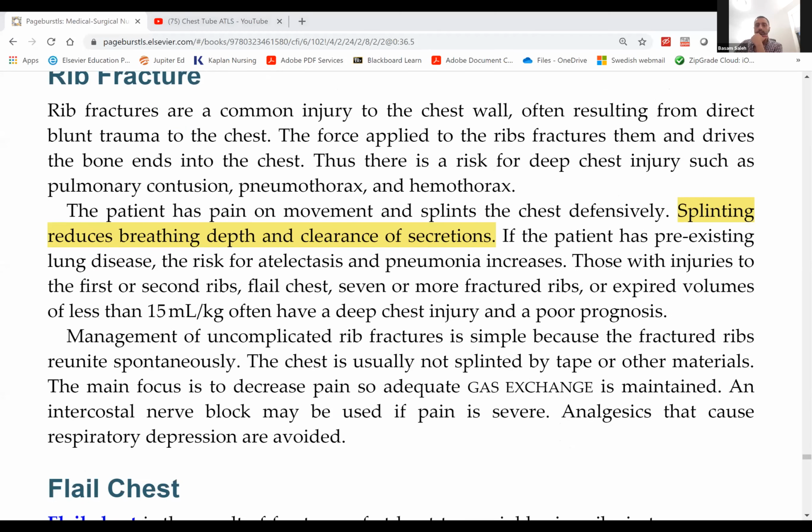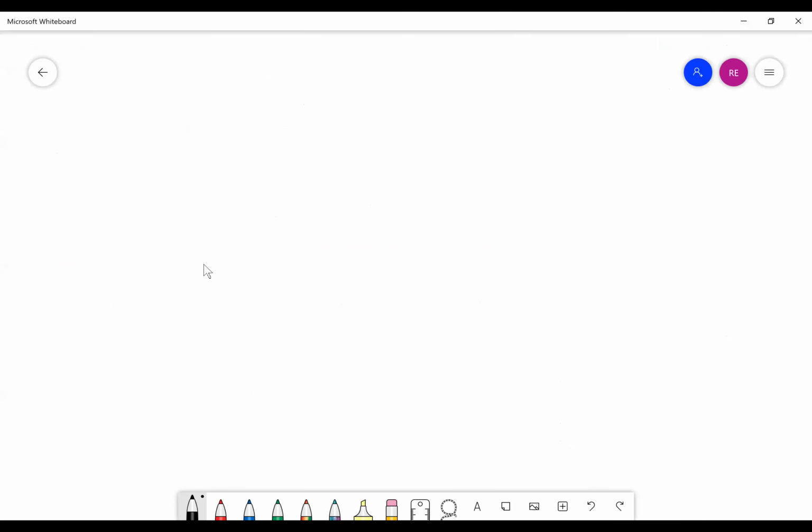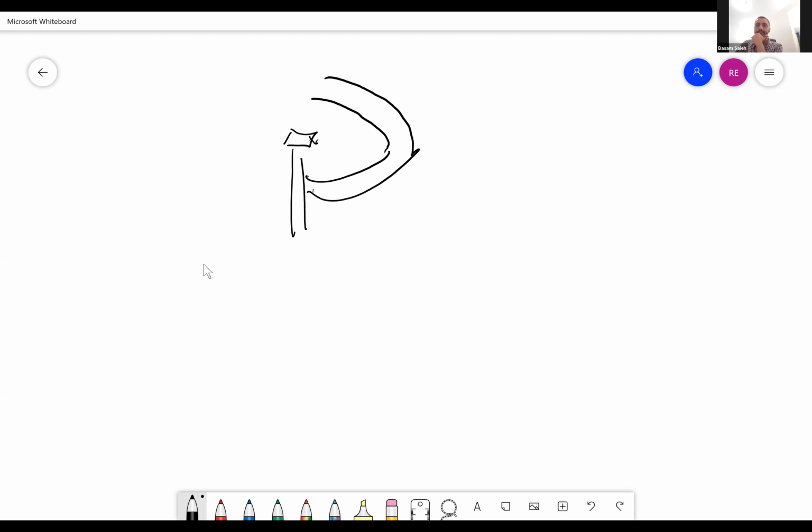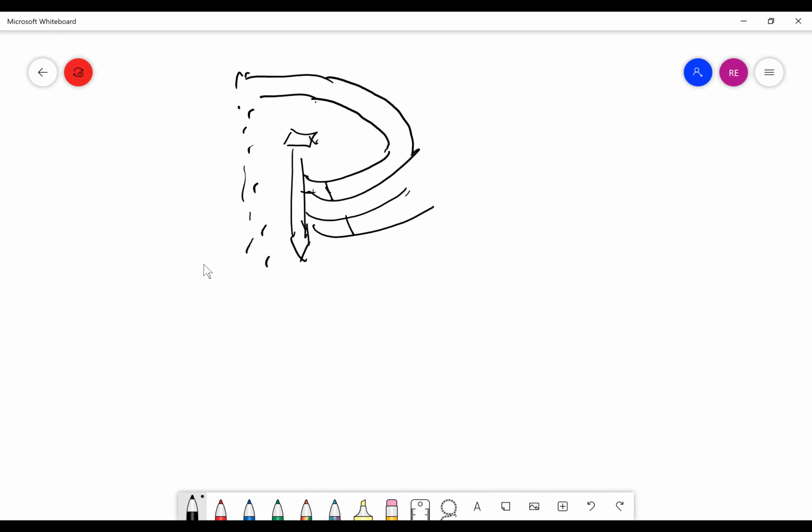To illustrate that, all right, so a rib fracture, let's say this is your sternum, and this is the rib. So if it's broken, remember the rib is anchored anteriorly here to the sternum. And then let's say this is the spine, and it's anchored posteriorly to the spine, correct?